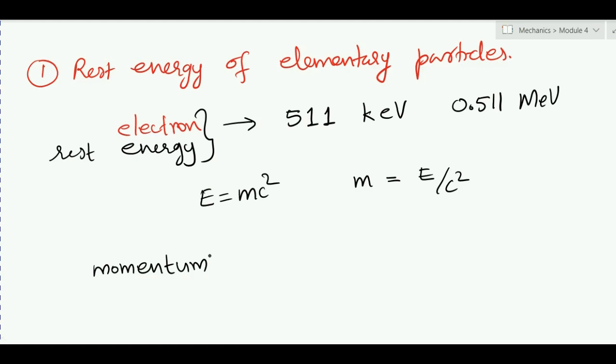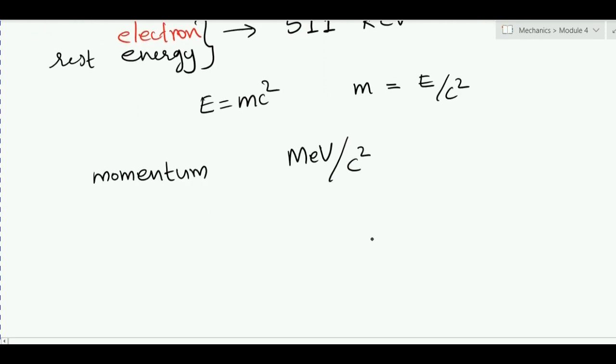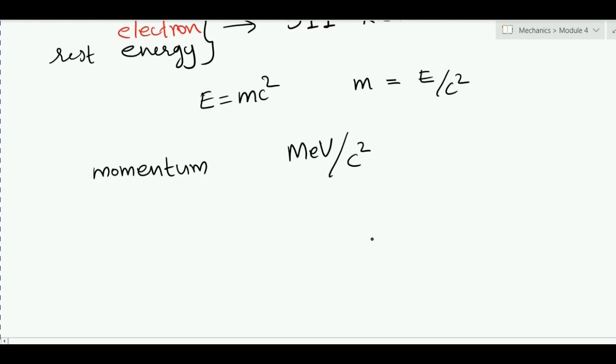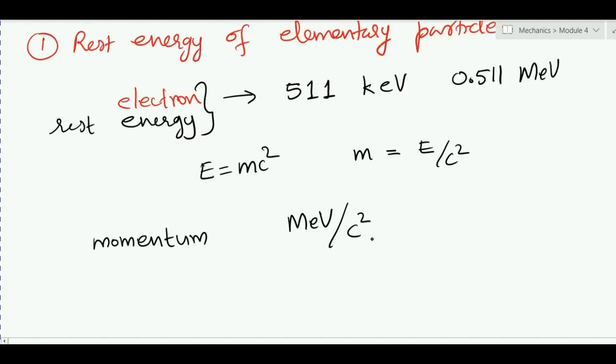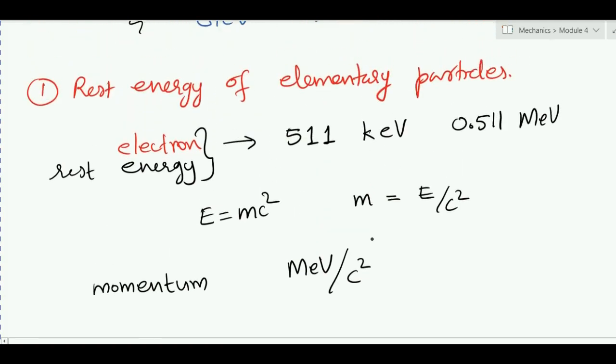The unit for momentum is given by MeV per c. So these are the two units that we use very frequently, and we are going to see a few problems involving these two units.